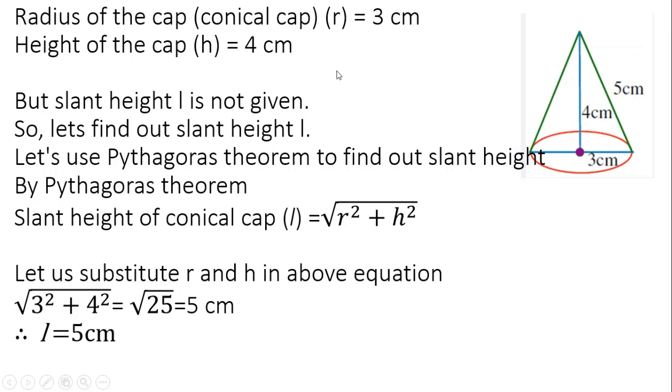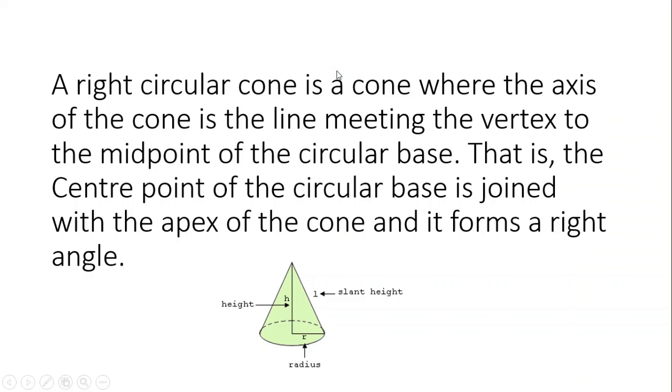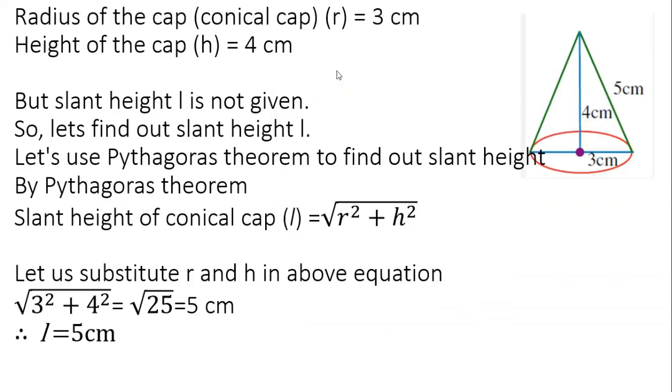As we identified the property of the right circular cone, it forms a right angle triangle, right? The slant height l is not given here, so we are going to find the slant height l by applying the Pythagoras theorem.